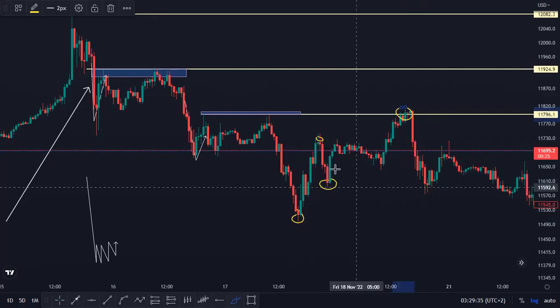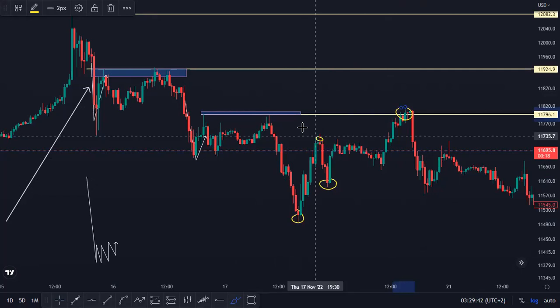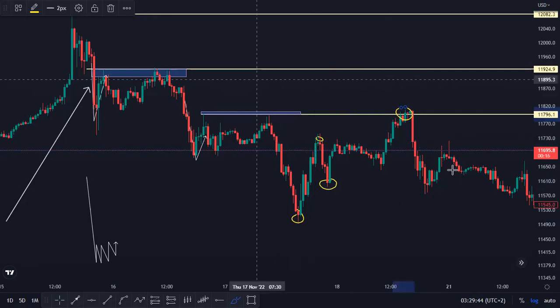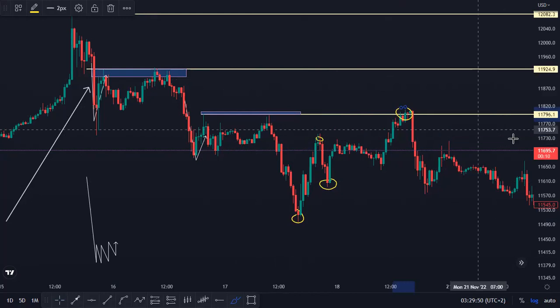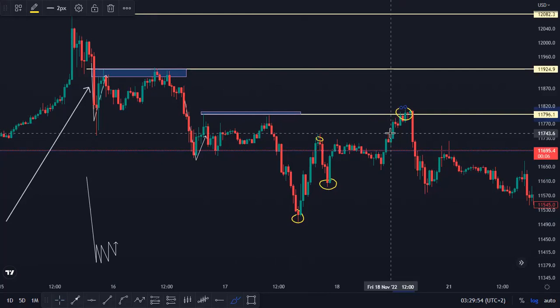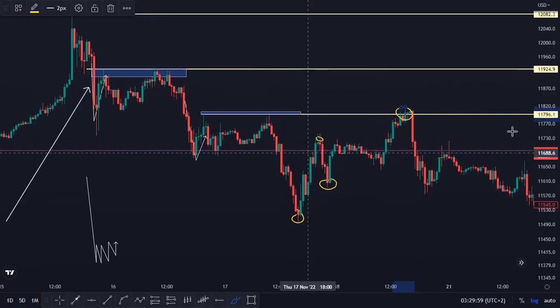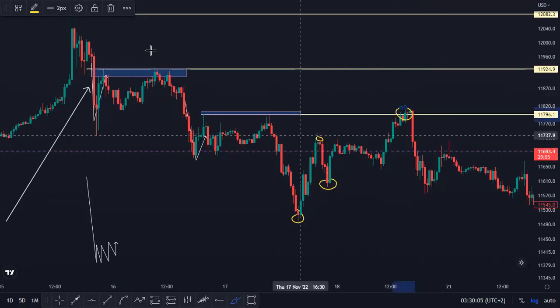The market was trying to give us a mini bullish market on a bearish market, but the overall movement is a bearish market.